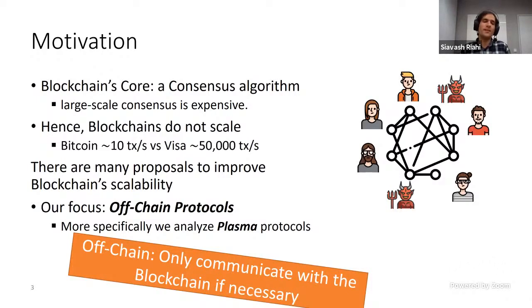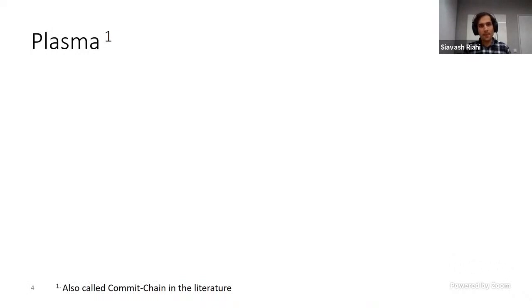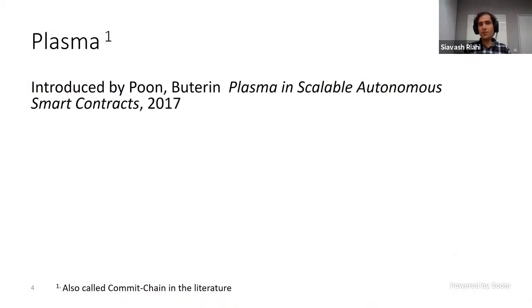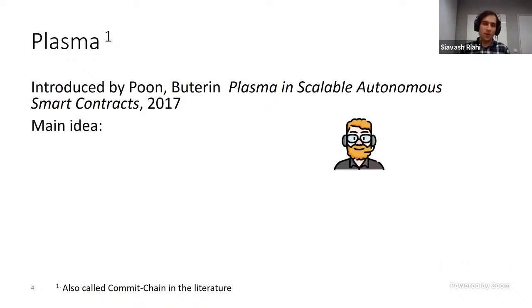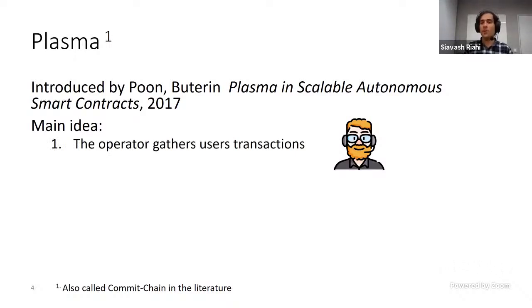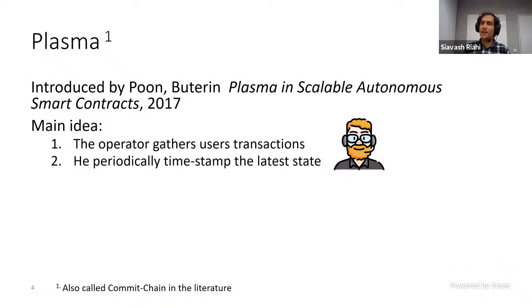So what is plasma? Well, plasma was first introduced by Poon and Buterin in 2017, and in the literature, it is also referred to as commit chain. The main idea of plasma is as follows. We have an operator, and parties, instead of communicating with a blockchain and submitting their transaction to the blockchain, submit it to this operator who gathers these transactions, and he periodically timestamps the latest state of the system on the blockchain.